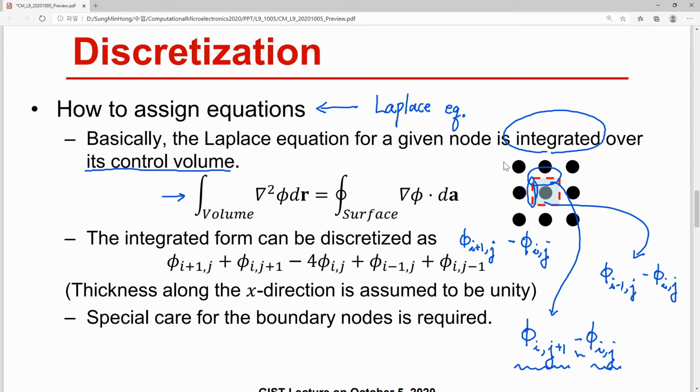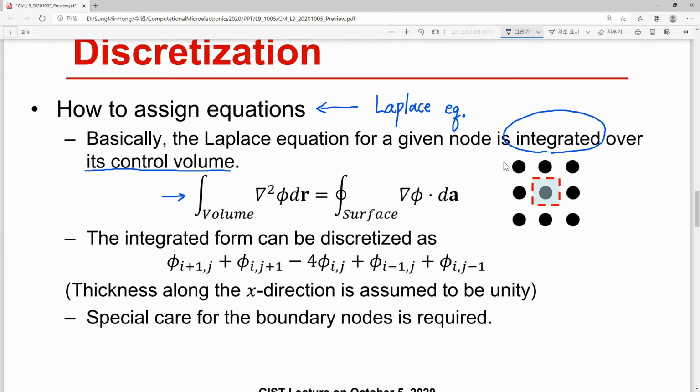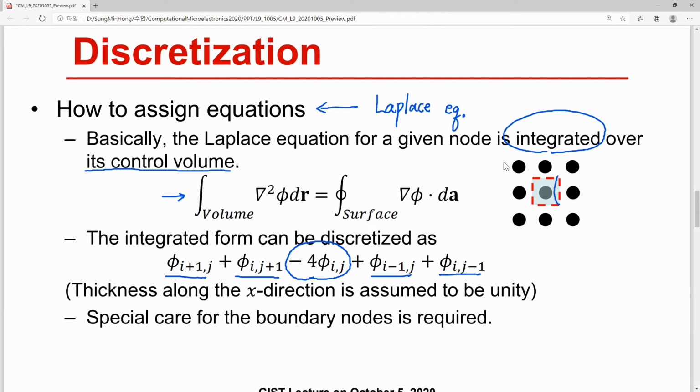Now you can easily understand that every surface contributes something related to its direction minus the center node quantity. When all of them are considered together, you find there is 4 times phi i comma j, the center node quantity, and 4 surrounding node values corresponding to the right surface, left surface, top surface, and bottom surface. So you can easily understand this form.